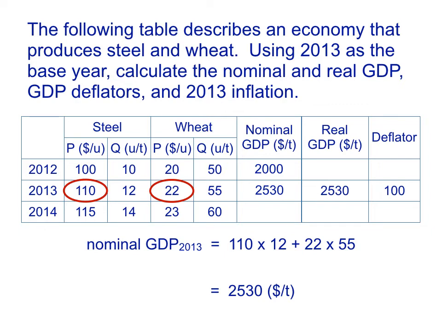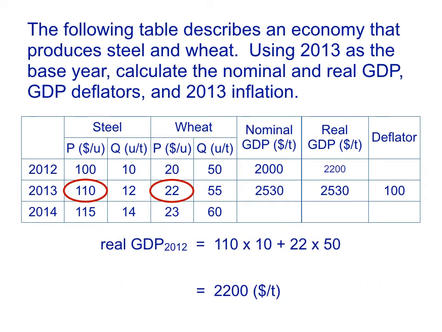And that's going to give me 2530. This, of course, is going to be my real GDP as well, because this is the base year. And notice that 2530 divided by 2530 is what gives me the value of 1. And when I'm talking about deflators, I want to multiply my value by 100. So that's where I get the 100 from.